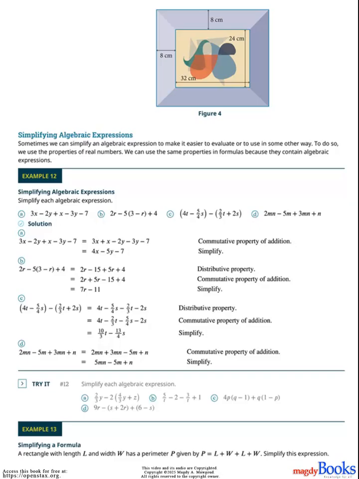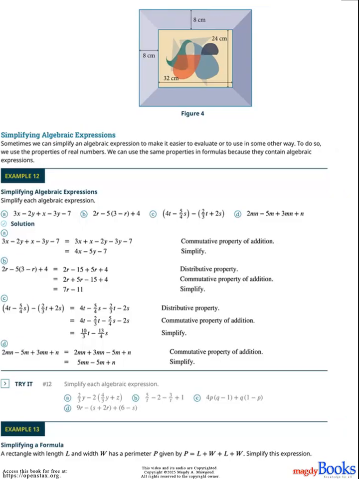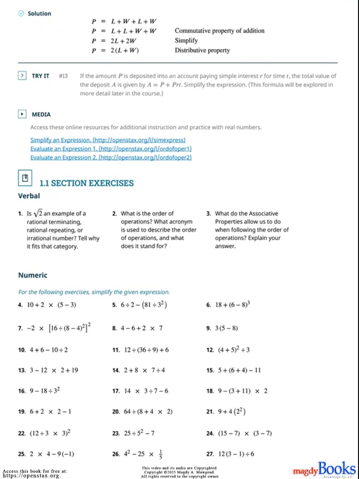Example 13. Simplifying a formula. A rectangle with length L and width W has a perimeter P given by P = L + W + L + W. Simplify this expression. Solution.